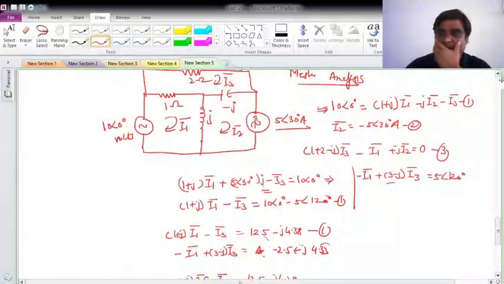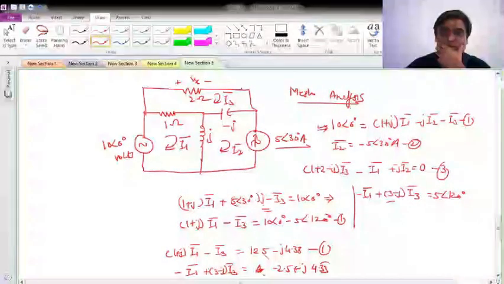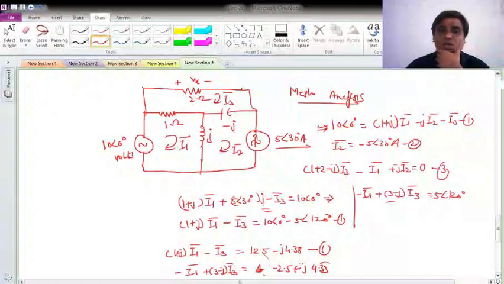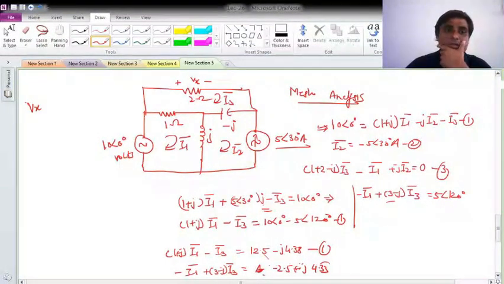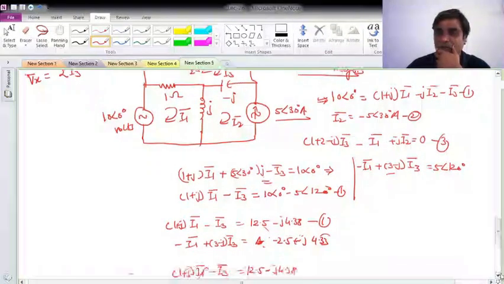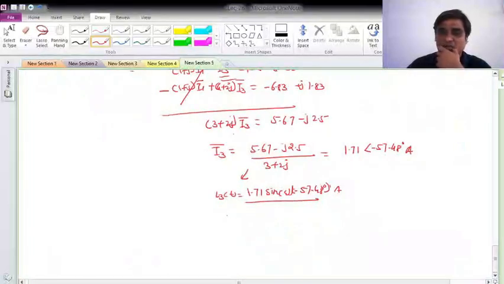I have to compute basically Vx bar, and this will be equal to I3, I know, and 2. So what will be Vx bar? It will be 2 into I3 bar. I3 bar recently we have calculated. So I3 phasor is 1.71.